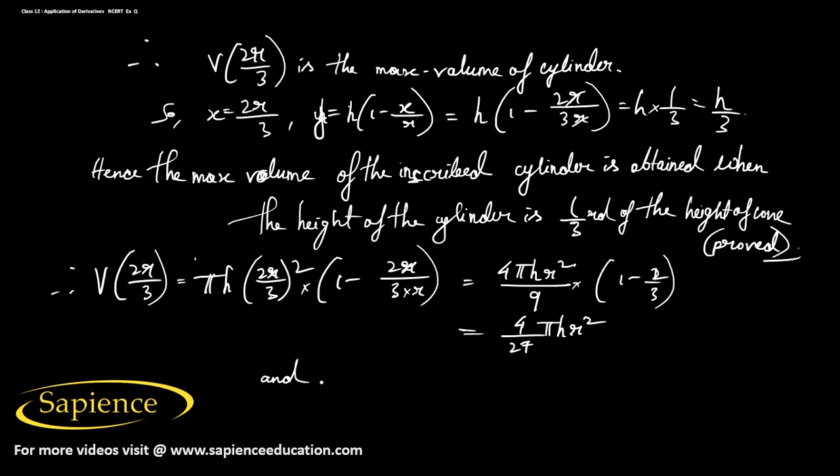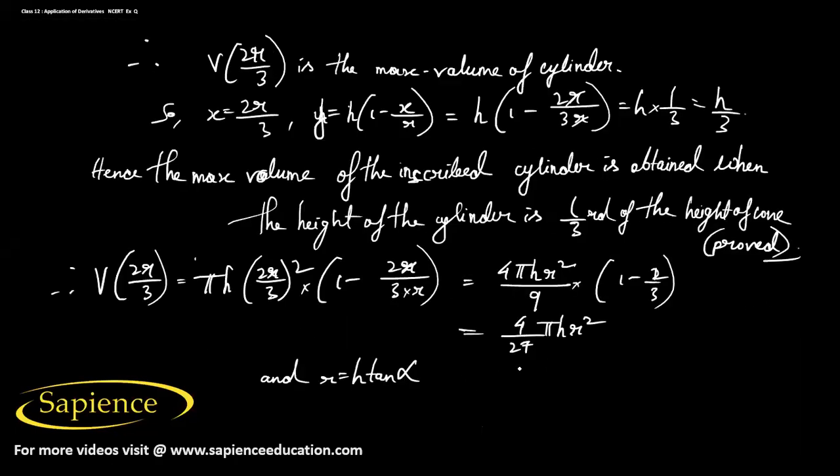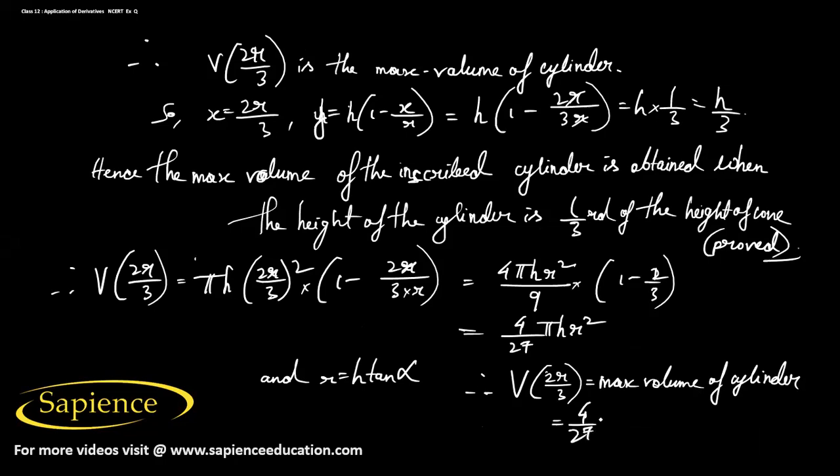And r we have told that it is h into tan alpha. R equal to h into tan alpha, we have proved that. So therefore, the maximum volume of the cylinder V, which is V of 2r by 3, will be equal to 4 by 27 into pi h into r square.